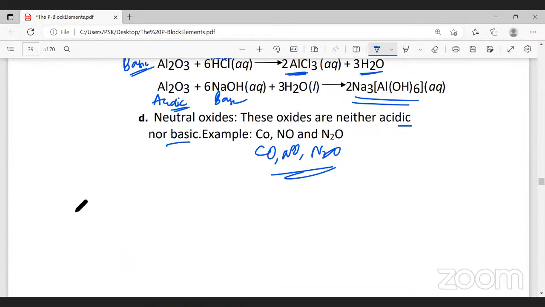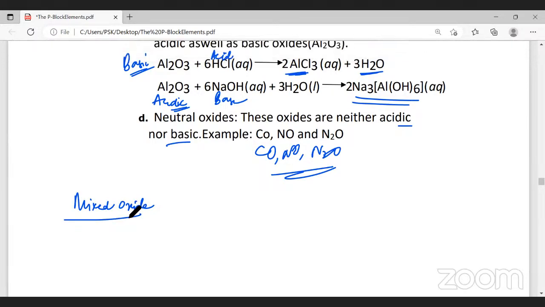We have mixed oxides. One more type of oxide is mixed oxides. Oxides made up of two simple oxides are called mixed oxides.